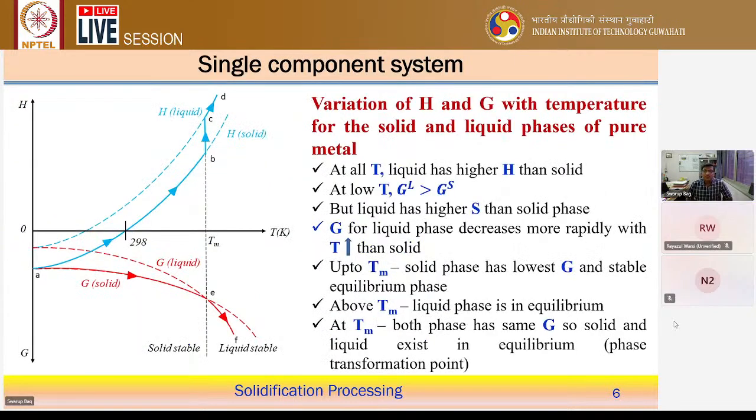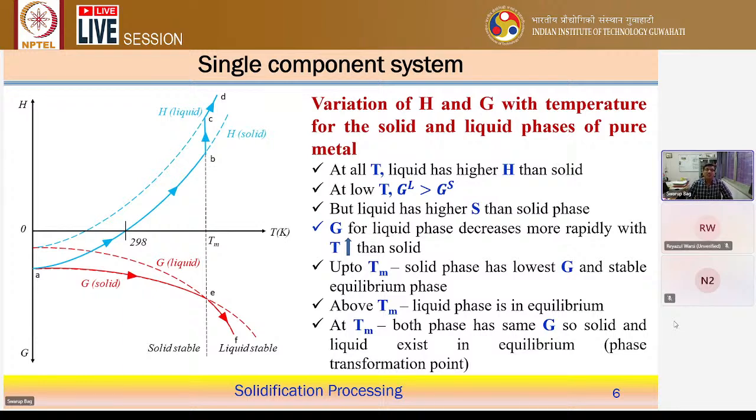Now, if we look at a single component system, let us understand how the enthalpy and the Gibbs free energy G change with temperature, because we define the state of the phase, solid or liquid, in terms of temperature.